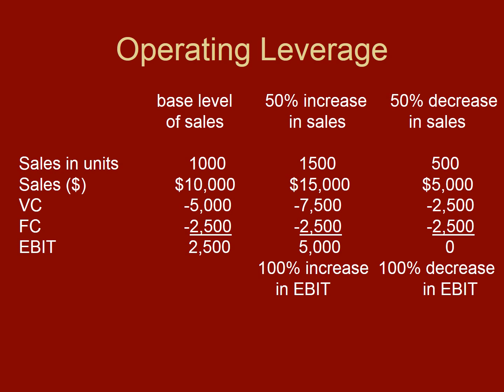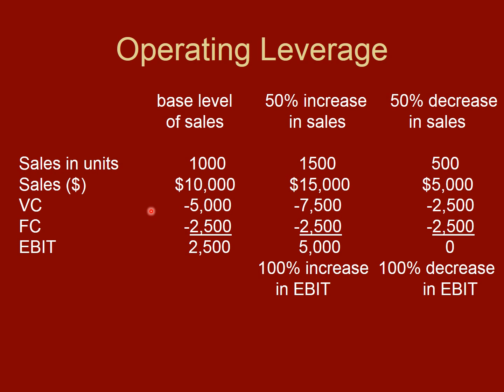So let's say, and this is the base level income that would have to be given to you, that you have a base level of sales of 1,000 units. If we assume each unit is $10, then we have base level sales of $10,000.